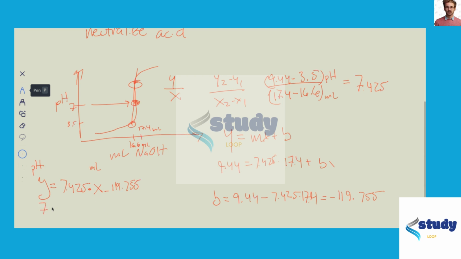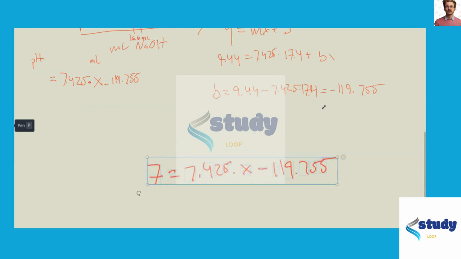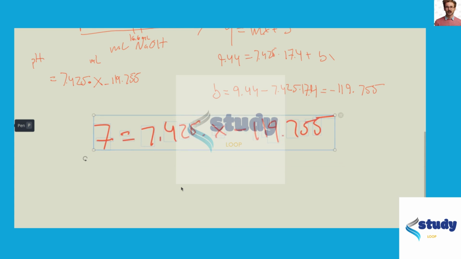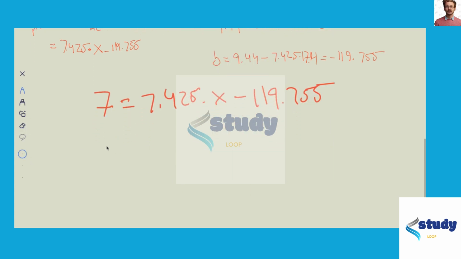So we say 7 equals 7.425 times x minus 119.755, and then we just need to solve for x. Let me move this over and blow it up so we can see it better. We're just going to do a little bit of algebra and solve for x.